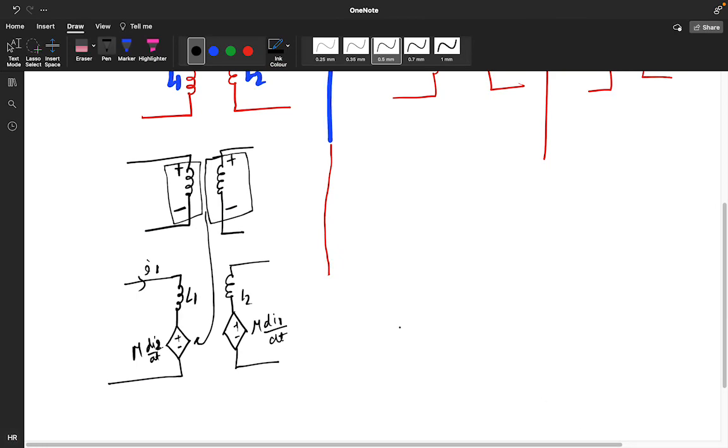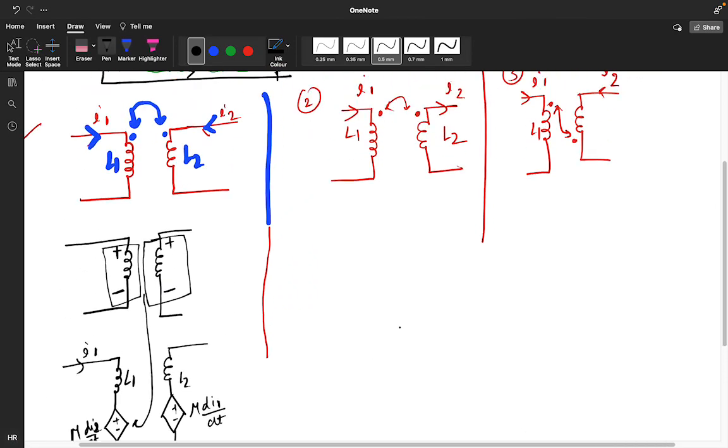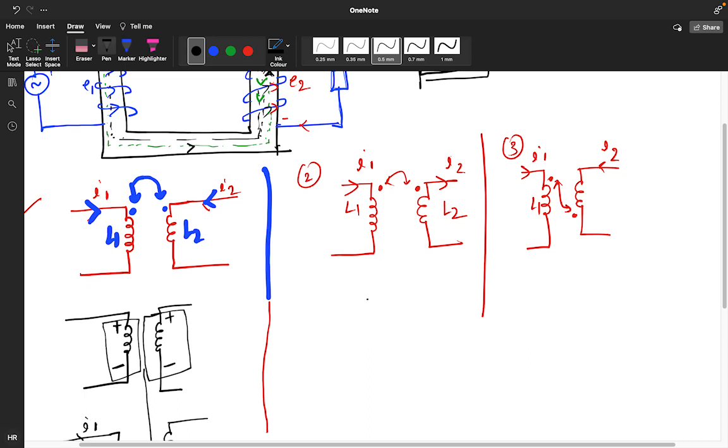Okay, so now there is a convention. See, in this part, if you want to solve this particular circuit, first you need to make it like this. This is your I1. The dot is here.